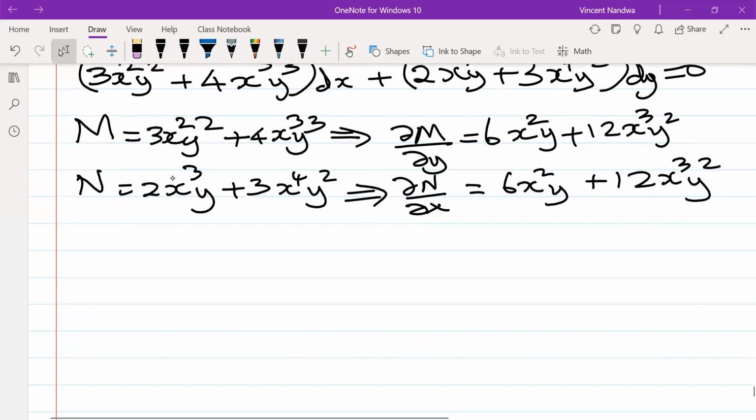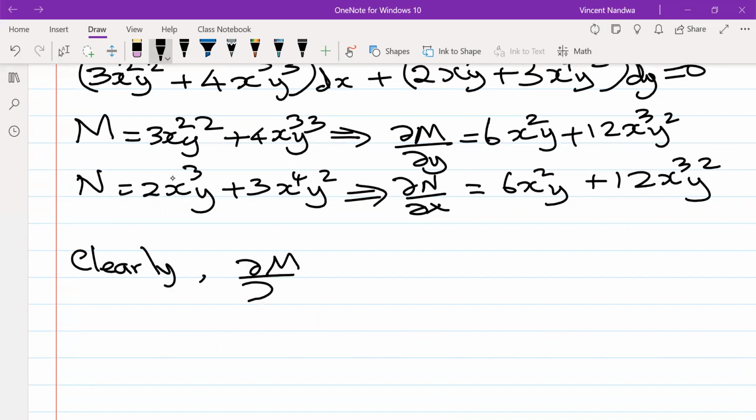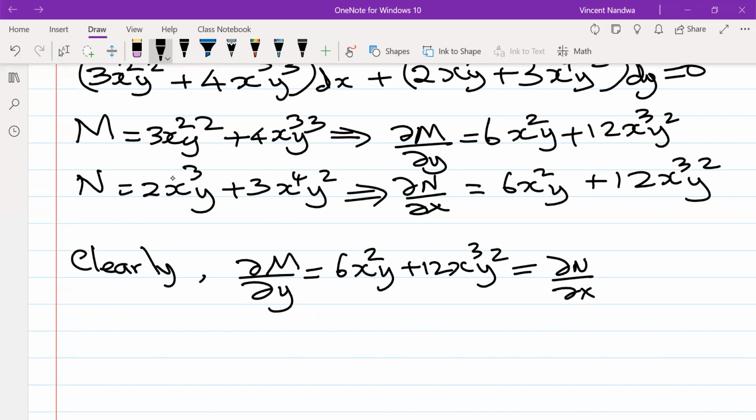Now in this new case, partial M partial y is the same as partial N partial x.